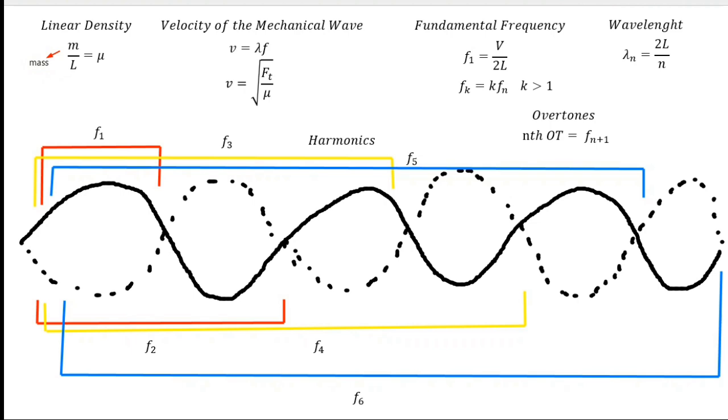On the denominator, we have the length of the string that we use. And this is mu, from the Greek alphabet, our symbol for linear density.